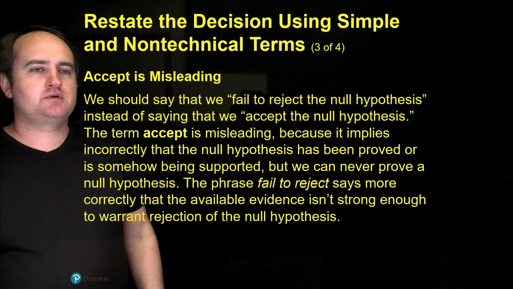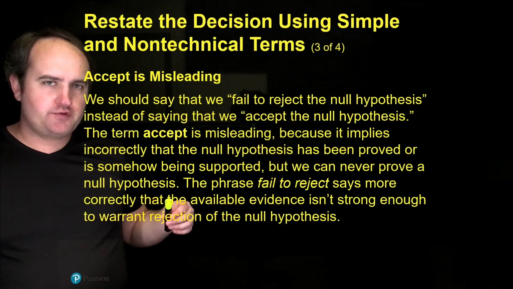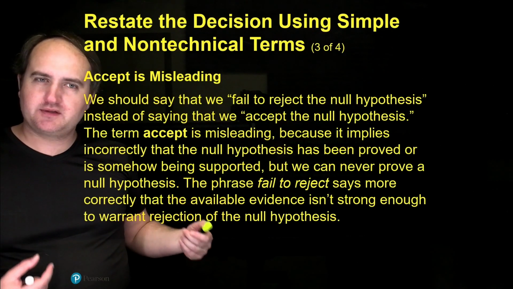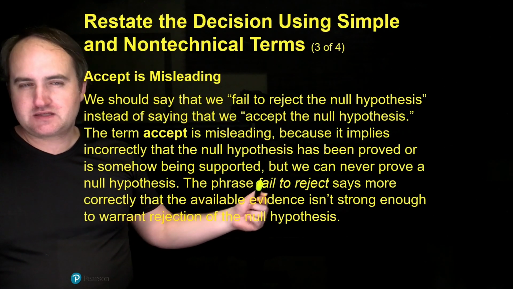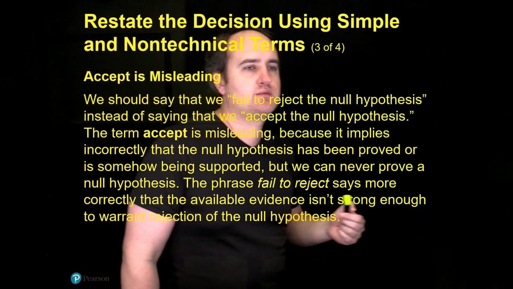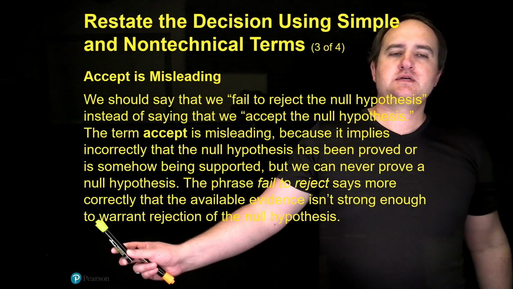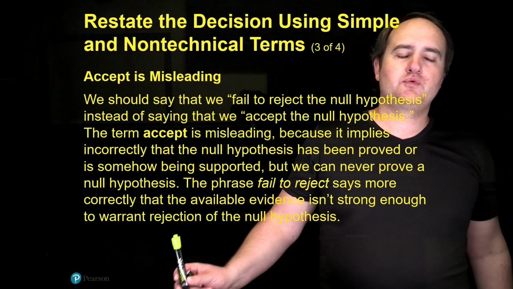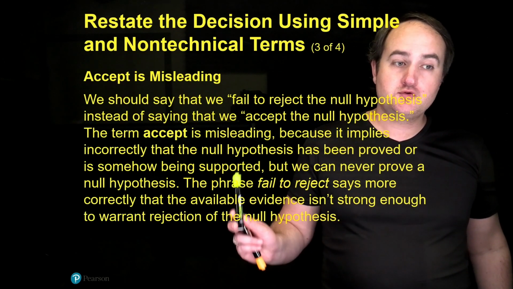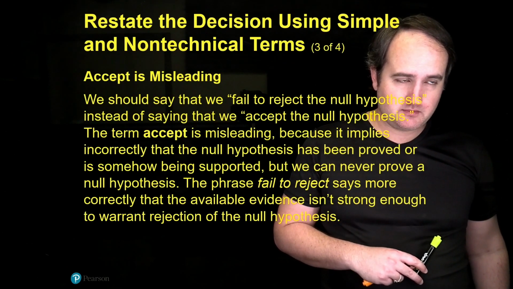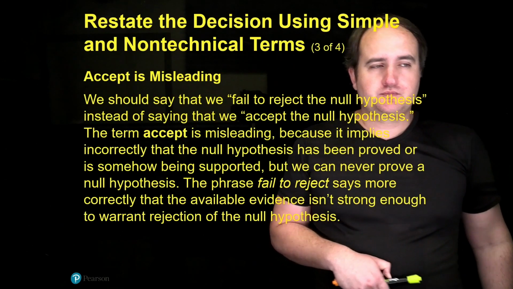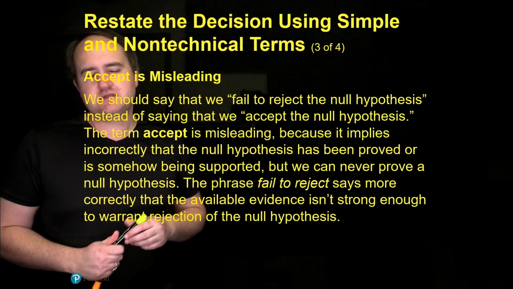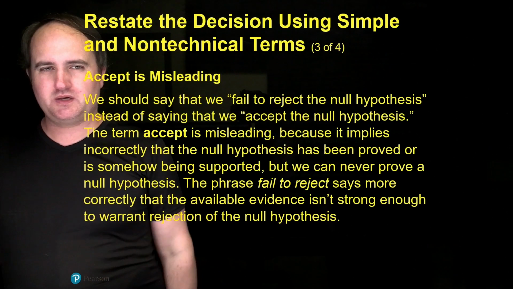But for actually doing statistics, you can't prove the null hypothesis. So you have to use this deliberately vague phrase that has a double negative: fail to reject. It says more correctly that the available evidence isn't strong enough to warrant rejection. So you do not reject the null hypothesis. It's almost like you support the null hypothesis, but even saying support is a bit much.